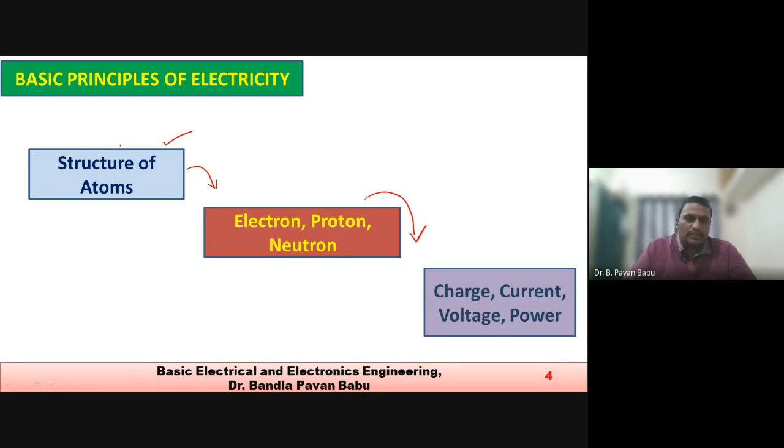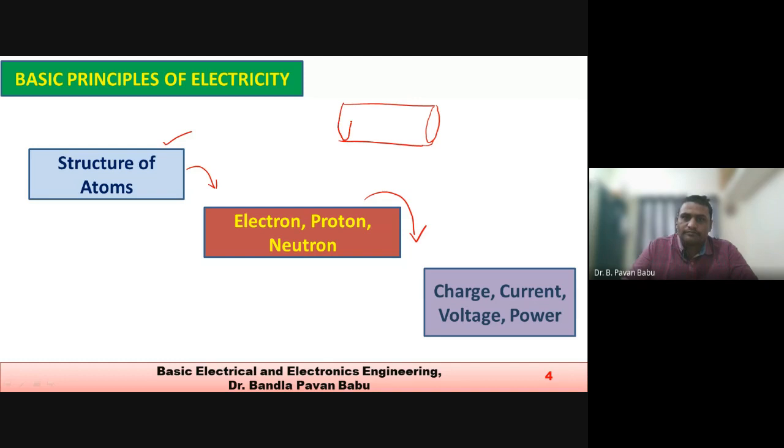Where does it come from? Why do we need to focus on atoms? Before we start the electricity concept, we need to recall this fundamental concept, that is the atom. What do you mean by atom? Before that, we need to consider any kind of conductor, or conducting thing, or even semiconducting materials.